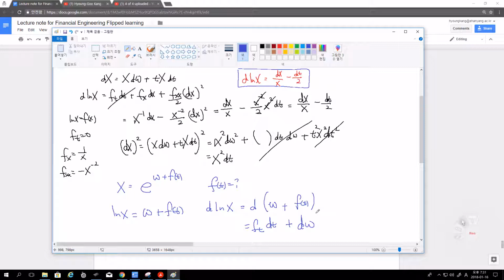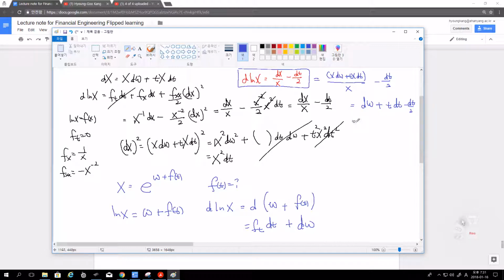We have this one, and here, because dX over X looks like this, X dW plus t X dt over X minus half dt, this cancels out: dW plus t dt minus half of dt, right?